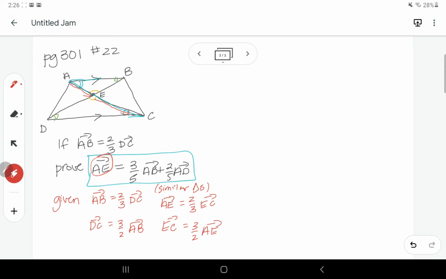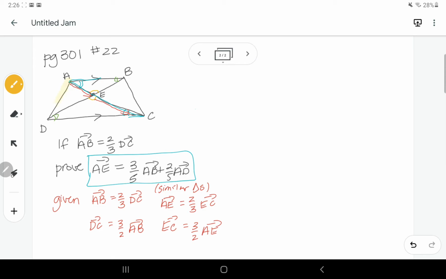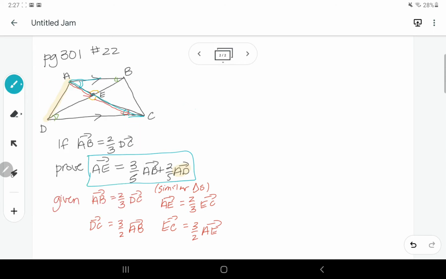We want to get some information about AE. So I know I want to prove something about AE, and I have information about AD, which is in the statement I want to prove, and AB.